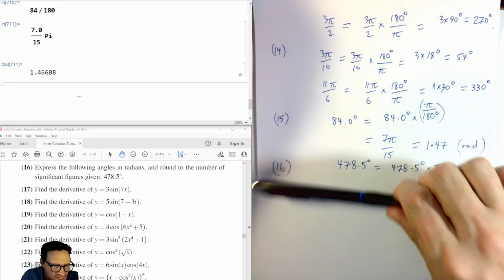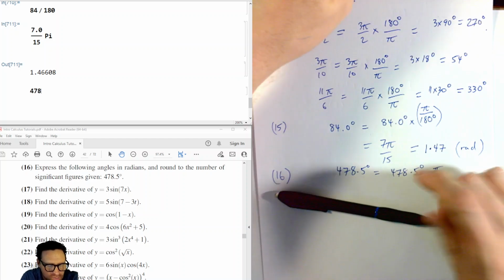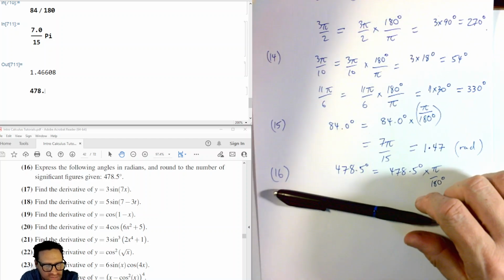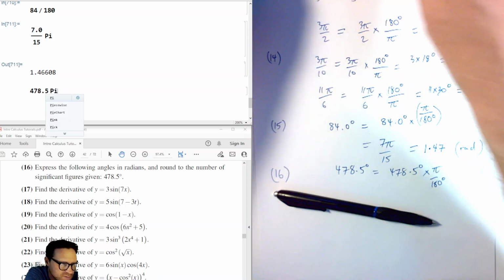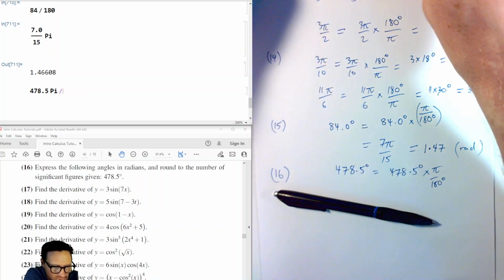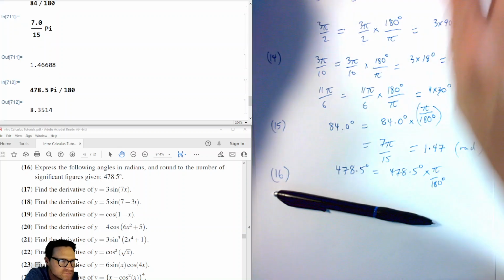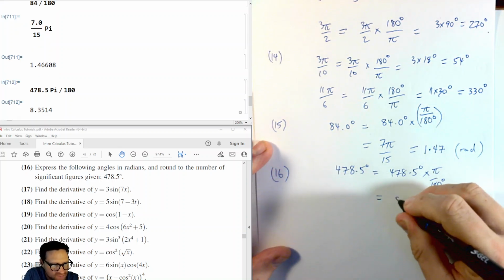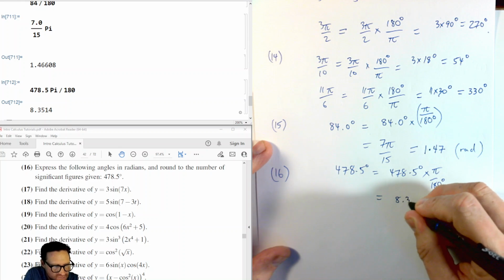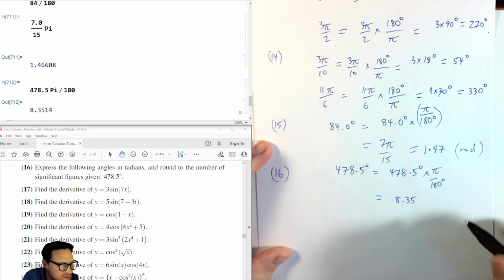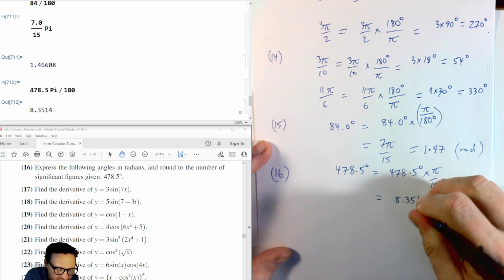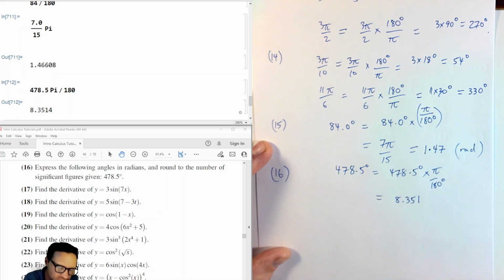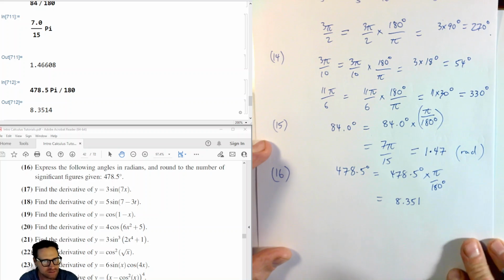I'll put this in my machine, 478.5 times π over 180. So we have 8.3514. If I chop this off there, I have rounded this to 4 significant figures, because we have 1, 2, 3, 4 figures.